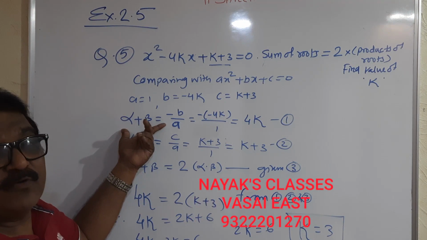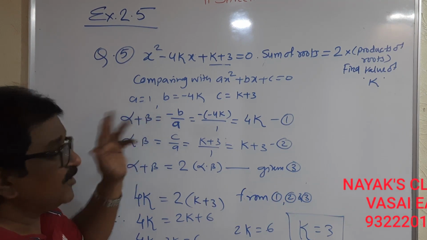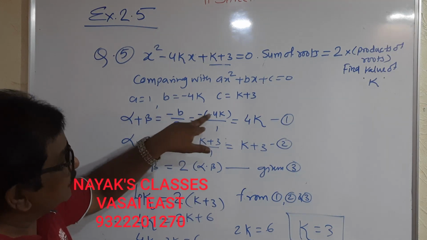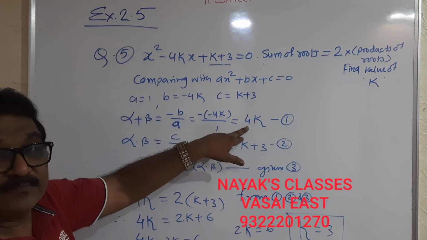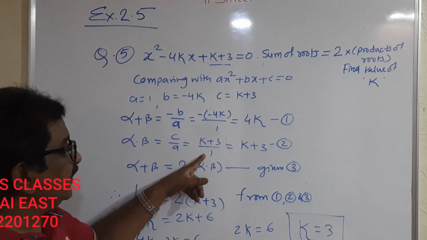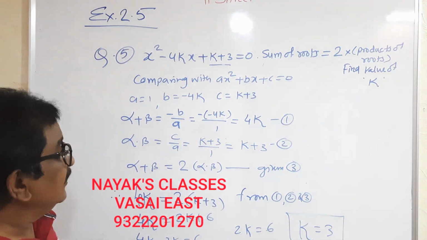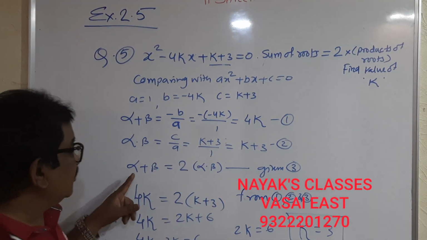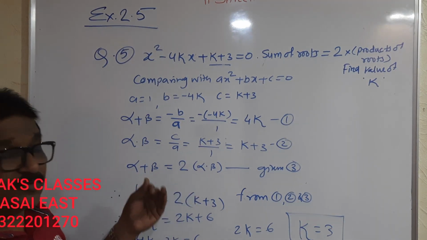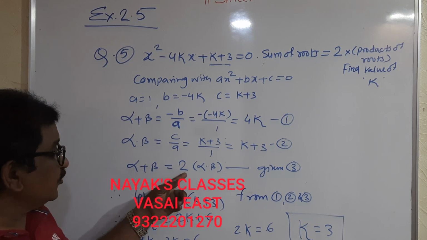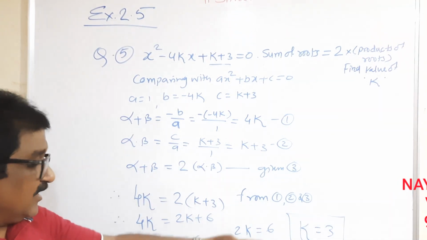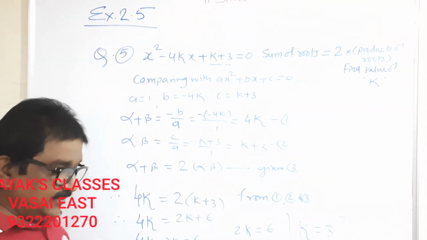Alpha plus beta we found by using the coefficients, minus b upon a. Minus b is minus of minus 4k, so it is 4k upon 1, which is 4k. Alpha into beta is c upon a. C is k plus 3 upon 1, so it is k plus 3. Now the condition is that the sum of roots is equal to 2 into the product of roots. We used it, we solved it, and we got the final answer k is equal to 3.